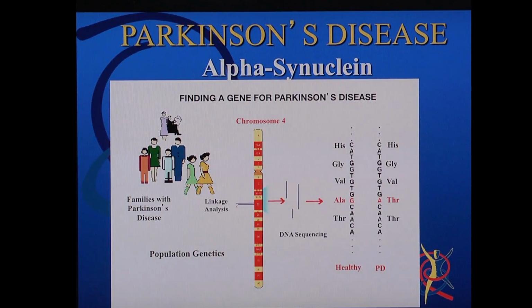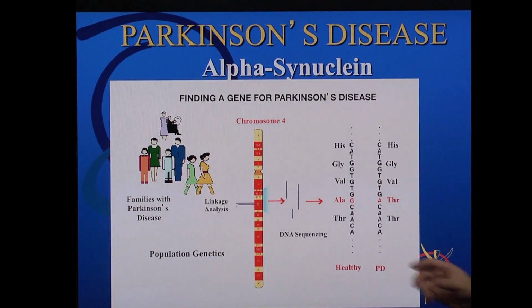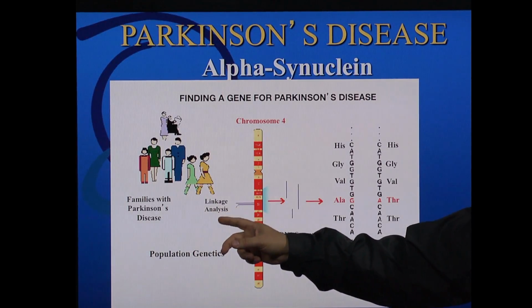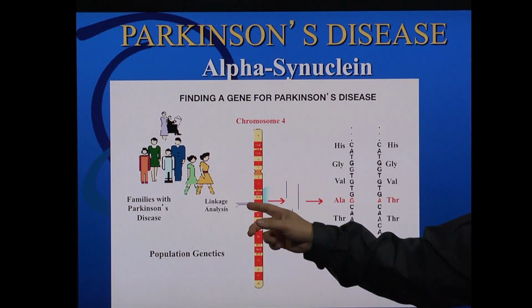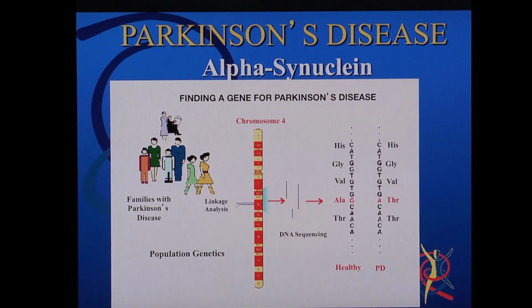So there are several genes associated with Parkinson's disease. One of those, probably one of the most common and the most well-known, is alpha-synuclein. Families that have Parkinson's disease transmitted through generations were investigated to find the gene that is triggering the disease.